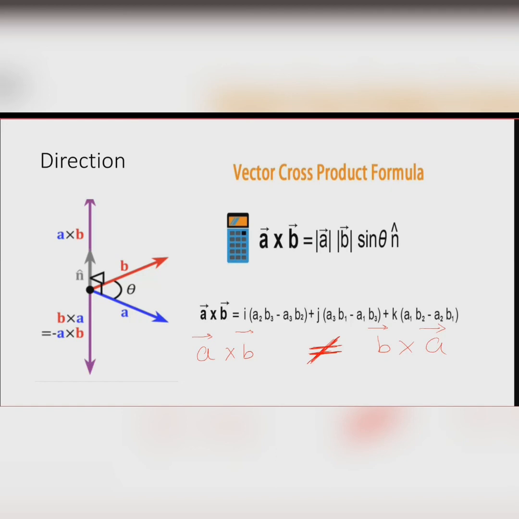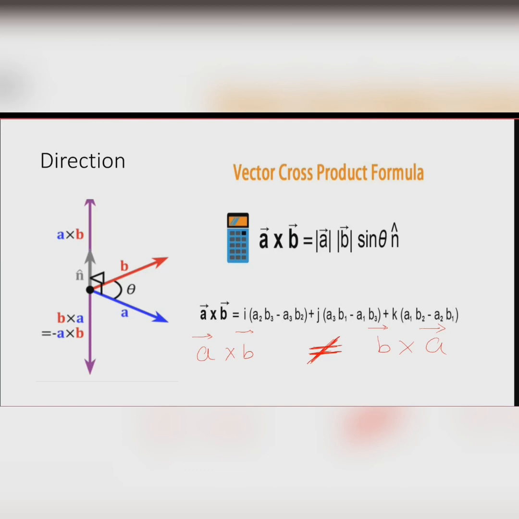There's another way by which you can find the direction associated with a vector product. You take a right-handed screw, and whichever way you are multiplying the vectors, just rotate the screw from the direction of the first vector to the direction of the second vector. The direction in which the screw moves gives you the direction of the resultant vector.